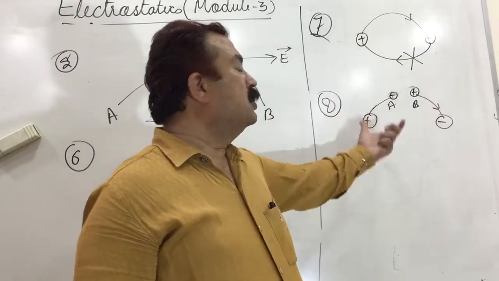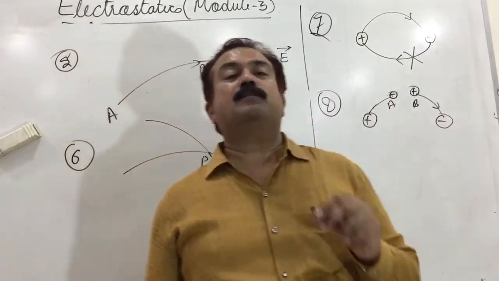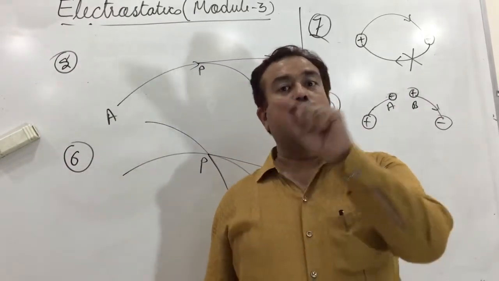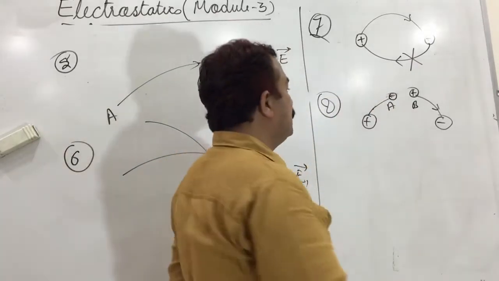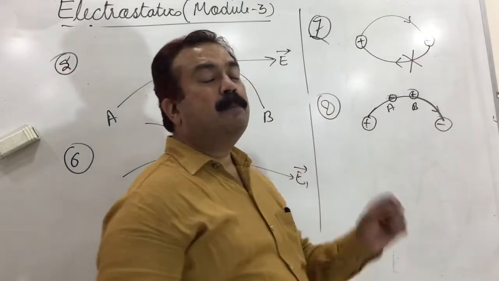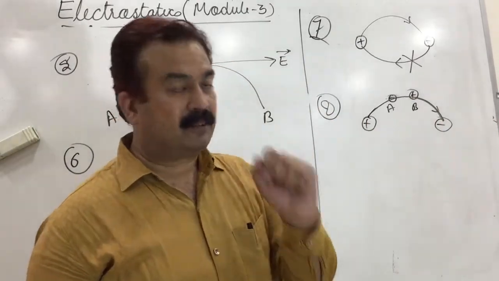So it is not possible. So the next property is, electric lines of force make continuous curves. Electric lines of force start from positive and end at negative, and in between they do not have sudden breaks.